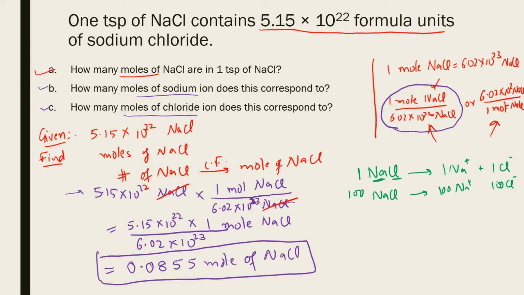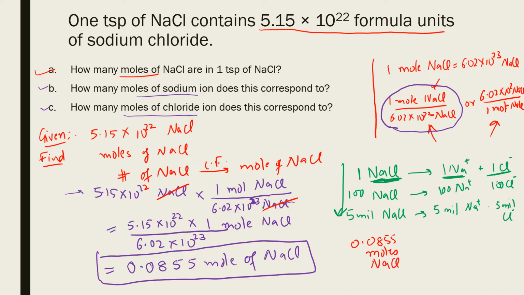Similarly, if you apply the same logic, if you have, I don't know, 5 million NaCl, they will have 5 million sodium ions and 5 million chloride ions. So what's the point here? The point is, whatever number of sodium chloride units you have, the same number of sodium ions and the same number of chloride ions will be there. Now in part A, we know that we have 0.0855 moles of NaCl.